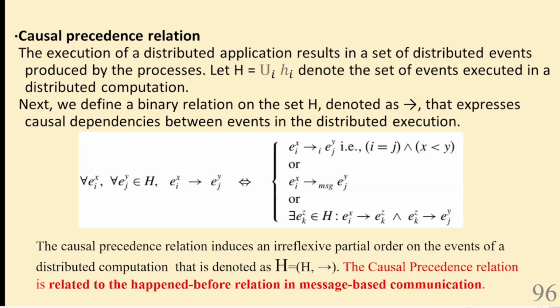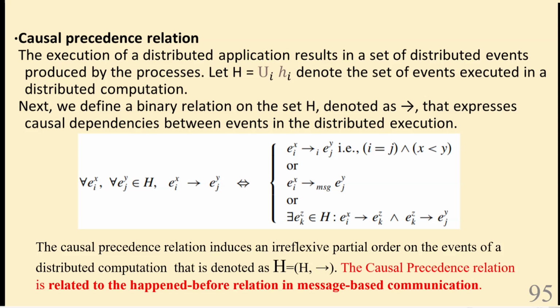No, it is not possible. The receive event depends on the send event. That is called a causal relationship. The dependency is called causality, and the receive event which depends on the send event has a causal relationship.